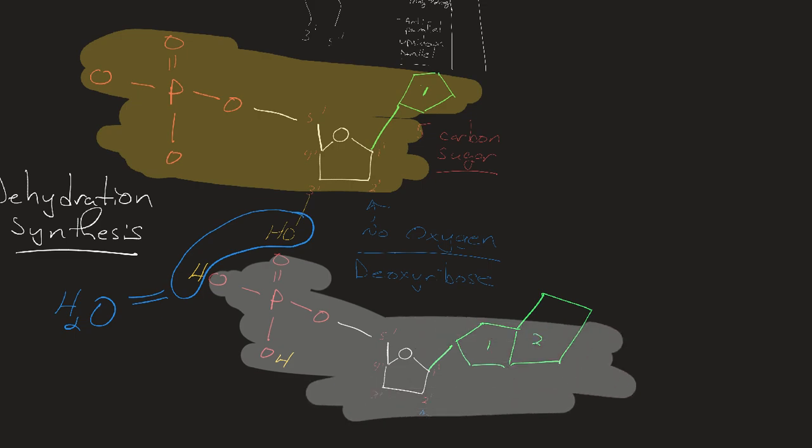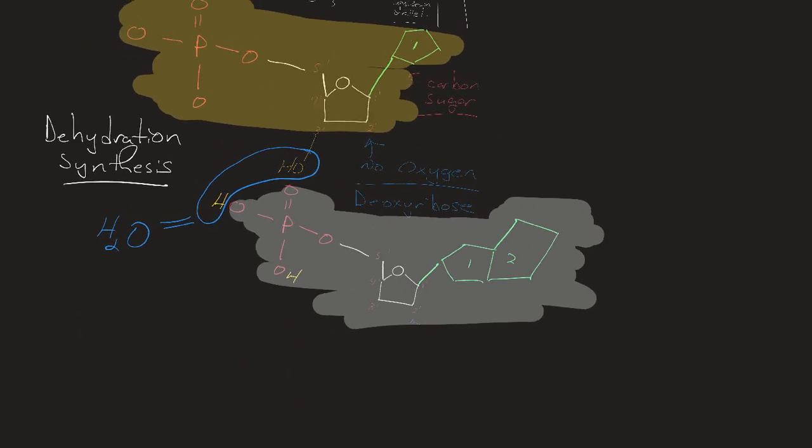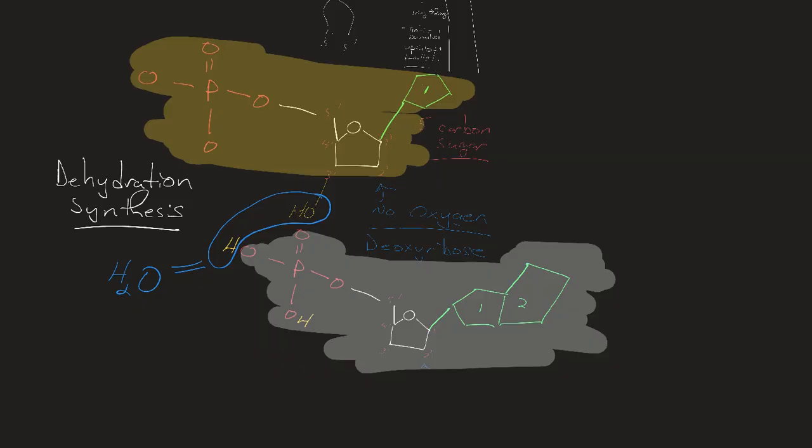These are the monomers of DNA. And it's DNA, not RNA, because there's no oxygen on the second carbon. Does that all make sense to everybody? Does anybody have any questions about that? I'm going to give you a minute to process that, and then let me know if you have questions, and I'll move on.